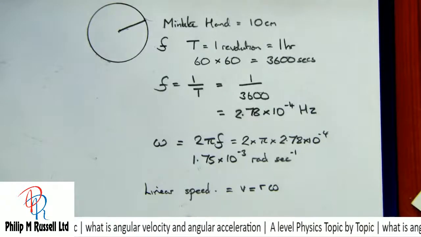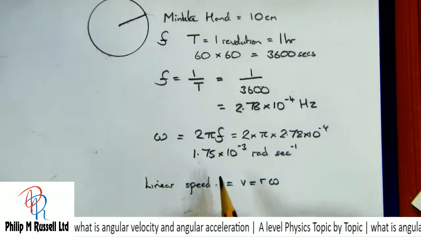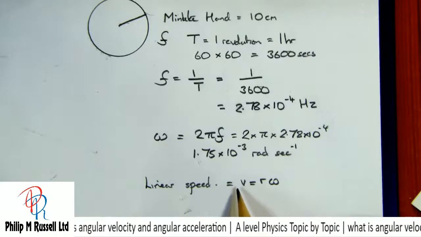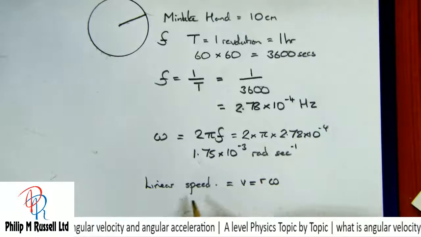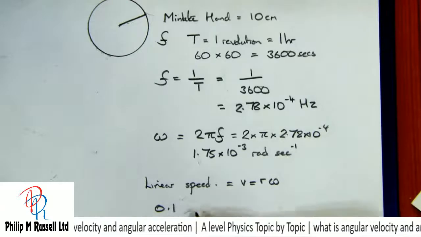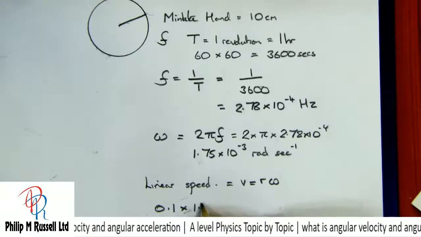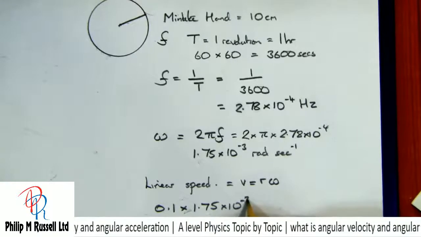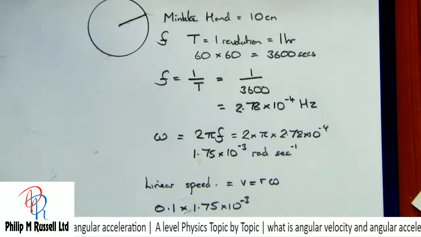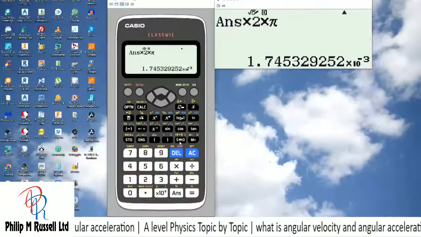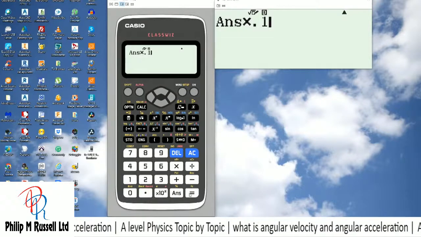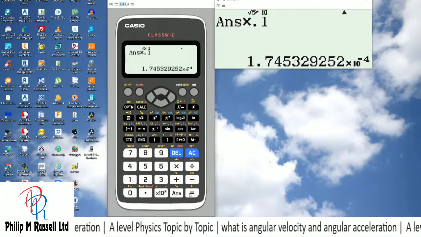We've got the omega, so we've got my radius, and we've set my radius here at 10 centimeters, so I want that in meters, so that's going to be 0.1 times 1.75 times 10 to the minus 3, and we don't really need a calculator to do that, but we're going to do it anyway. Multiplying by 0.1 gives me 1.7 times 10 to the minus 4.